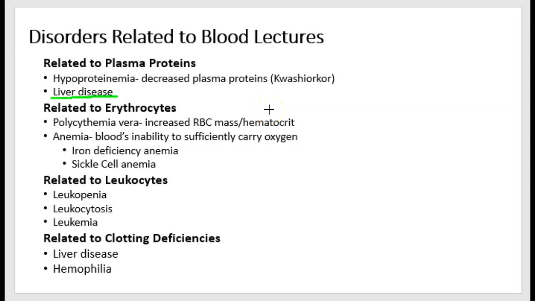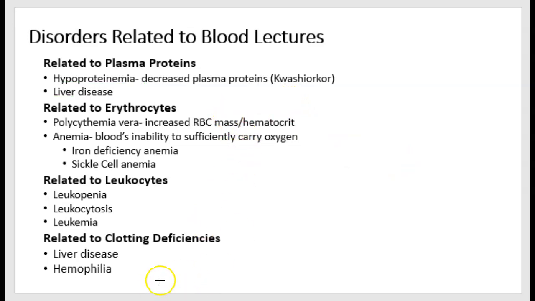So if there's liver disease, then you'll have a decrease in the plasma protein concentration. There can also be a decrease in the plasma protein concentration due to dietary constraints. Both of those lead to what we call hypoproteinemia. So we're going to look at that disorder.